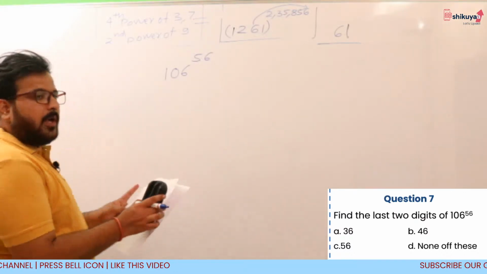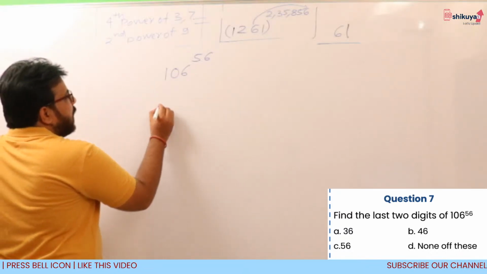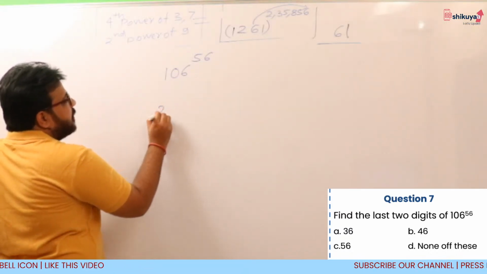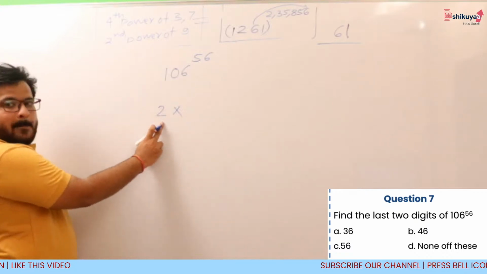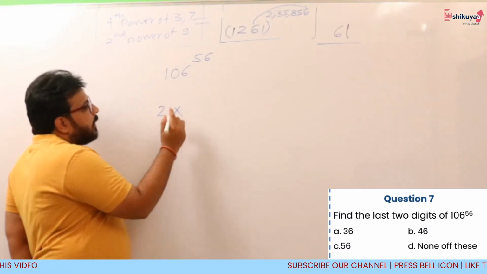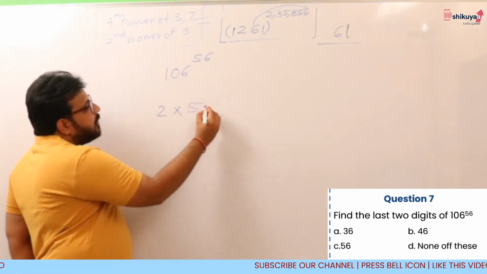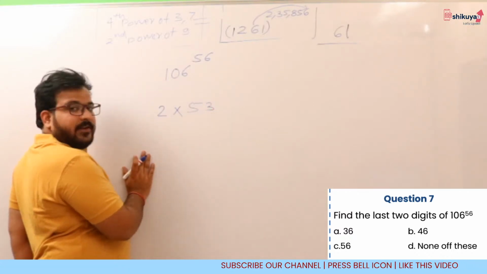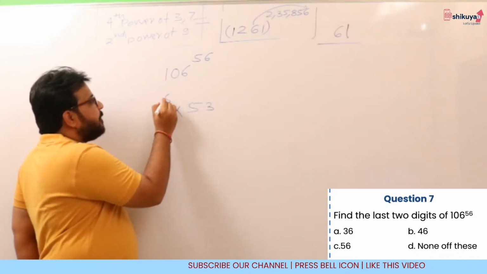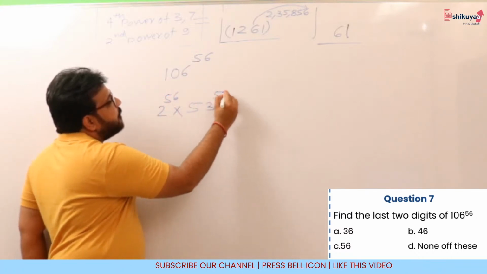So I will start with the factors of 2, 5 and 3. Am I right? So raised to 56, raised to 56.